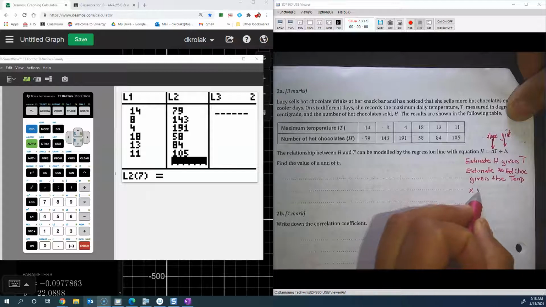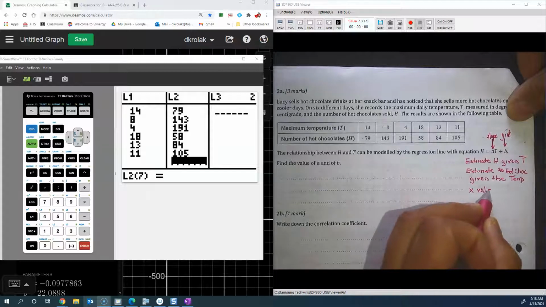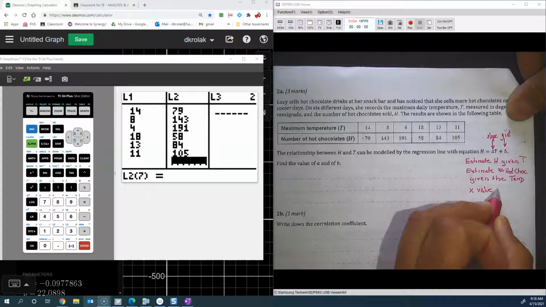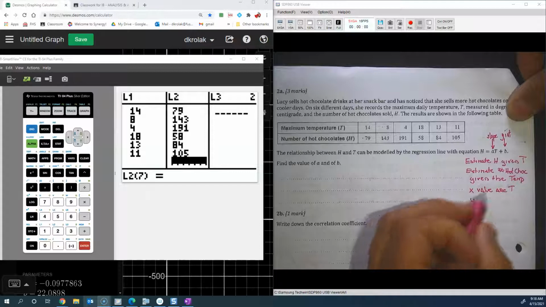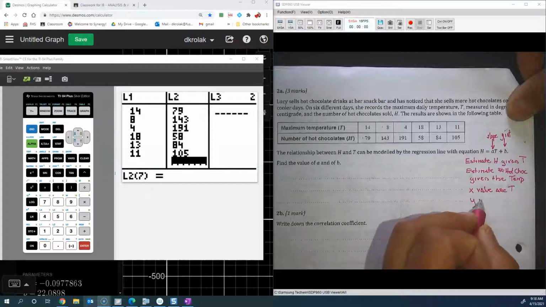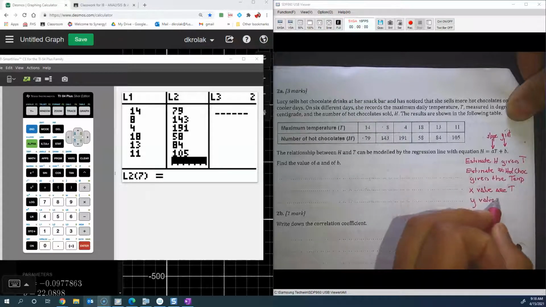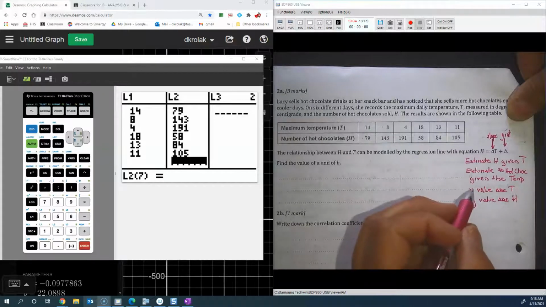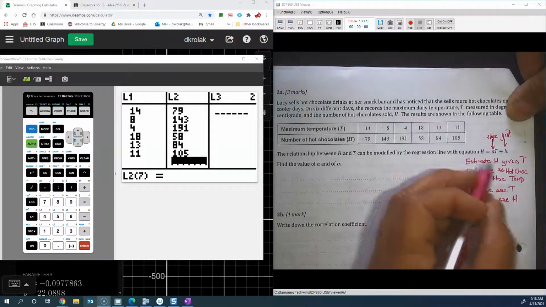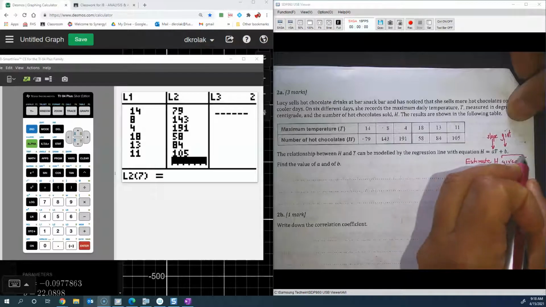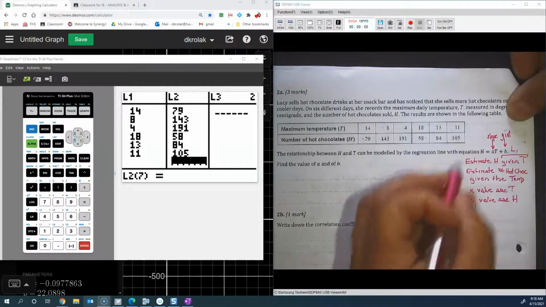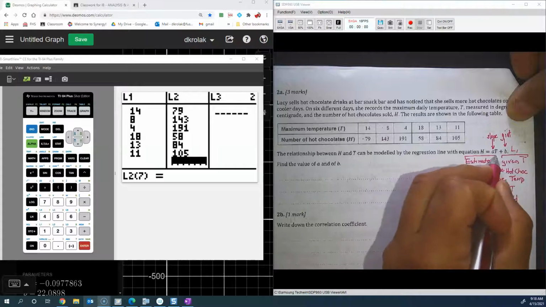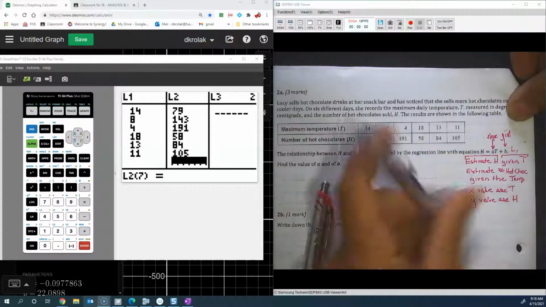So my X values are going to represent T, and my Y values are going to represent the number of hot chocolates. Whatever I'm given is going to be in your first list, and whatever you're trying to estimate is going to be in your second list.